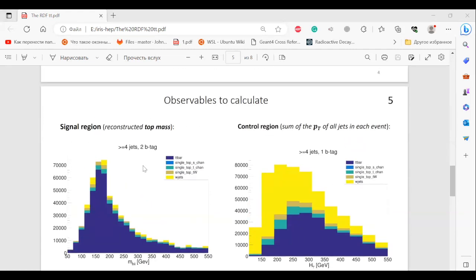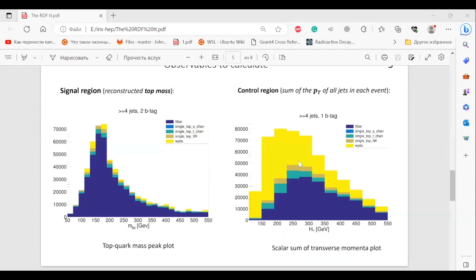And the analysis task also includes a control region with only 1 b-tagged jet, and the observable quantity is the sum of the transverse momentum of all jets in each event.